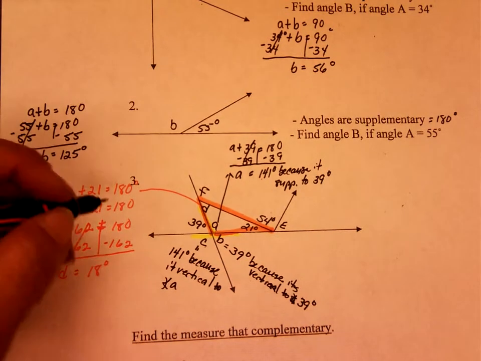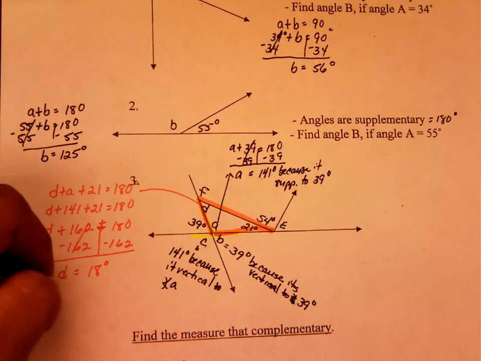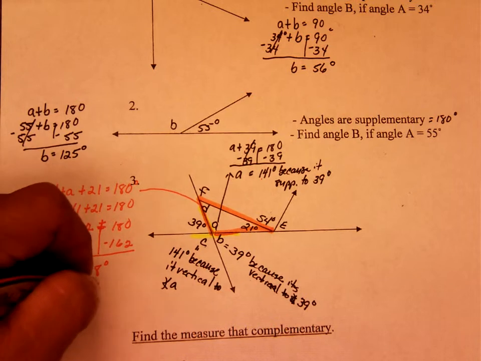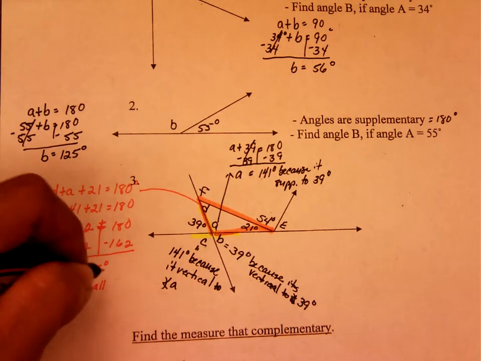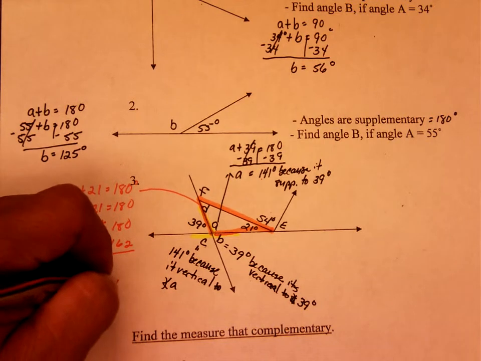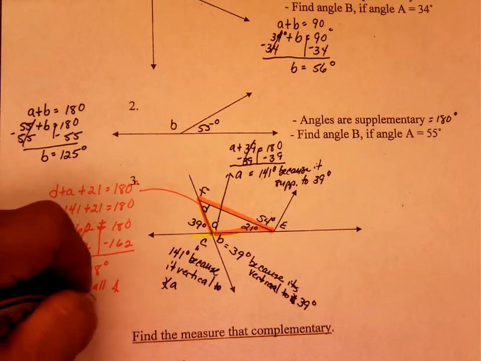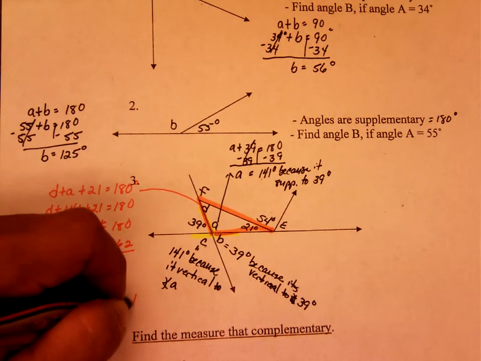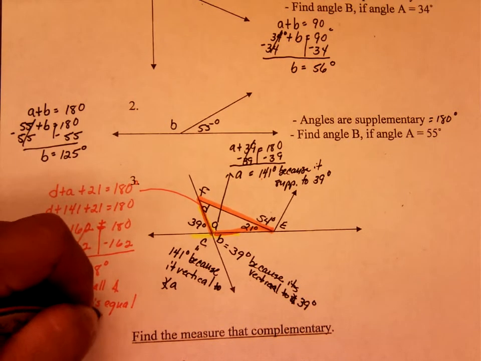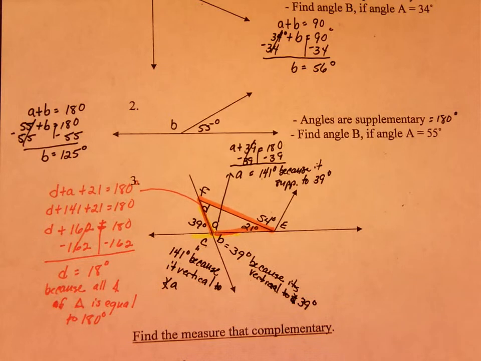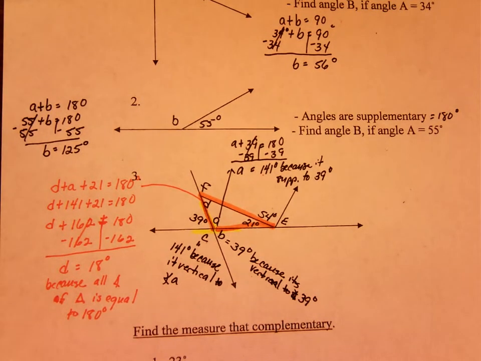Okay? Because all angles of a triangle add up to 180 degrees. Right, so now that we know what D is, we can figure out what F is.